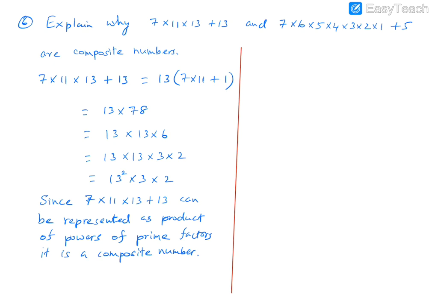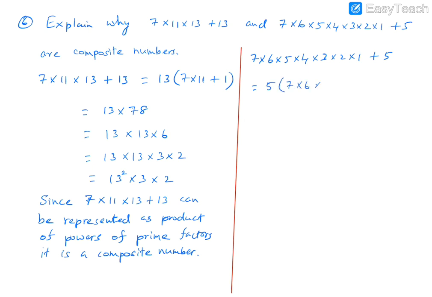Okay, we'll take a similar approach to solve the next question as well. So we have 7 into 6 into 5 into 4 into 3 into 2 into 1 plus 5. Again, we can take 5 as a common factor.